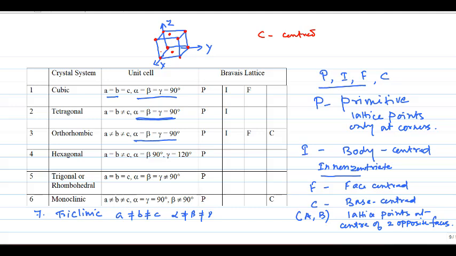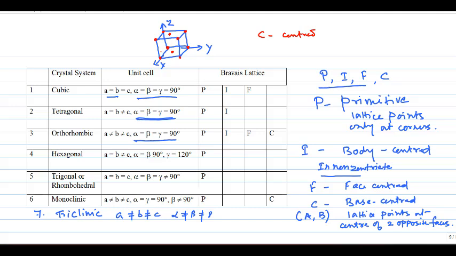Now, what is the point of discussing all this? Why not stop at that number, that 7 crystal systems, and say that all the structures will lie within these 7 systems? But as I said, when you talk about these 7 systems, we are only talking about the primitive cells, where you have the lattice points only at the corners, but there are other possibilities where you have a lattice point apart from the corners also.